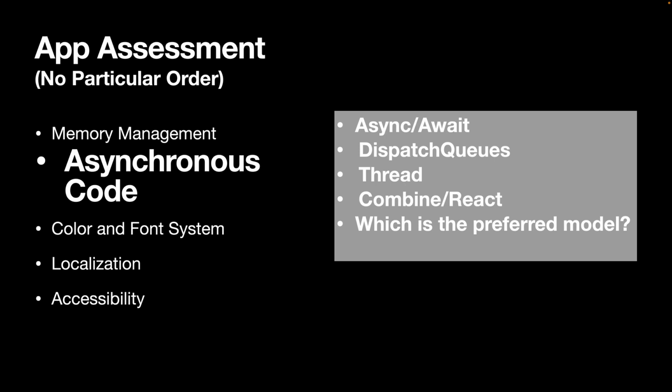I personally love async await. But if you're in an app that's some other system, you may not be able to implement async and await right now. The issue is that you have the same problem with asynchronous code as you would with the UI. We have a UI in place. Hopefully it's working.